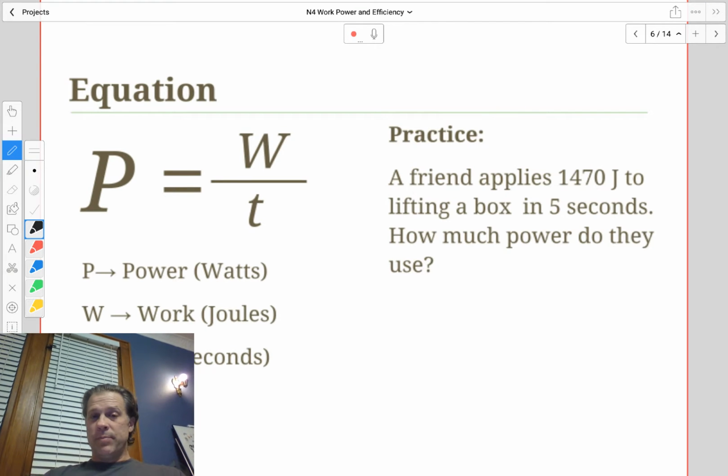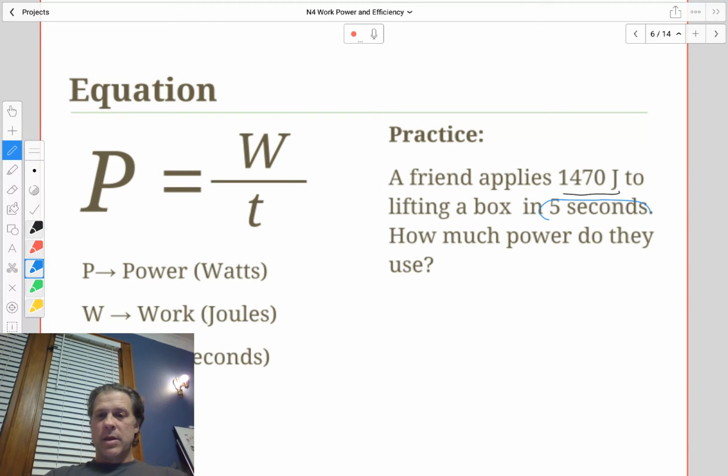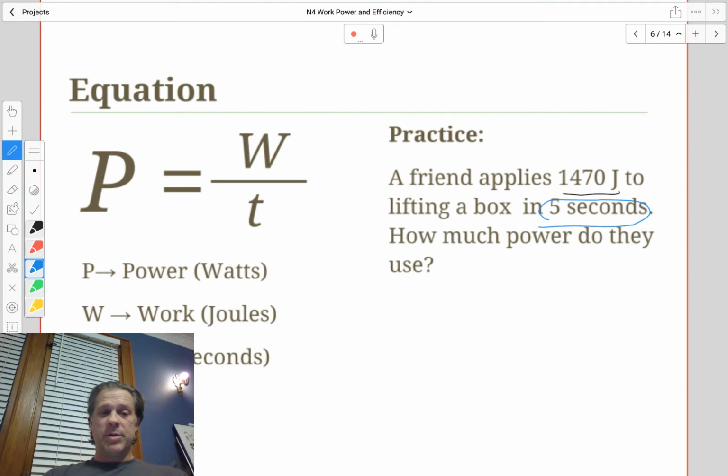So here's an example of using the power equation. A friend applies 1,470 joules while lifting a box for a grand total of 5 seconds. So the question is, how much power do they use?